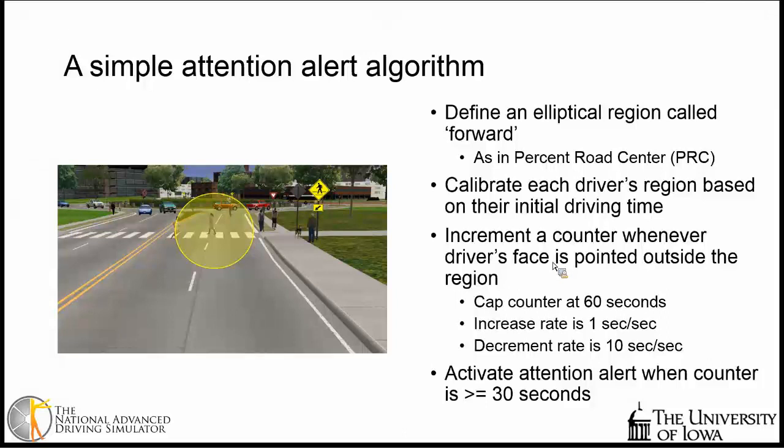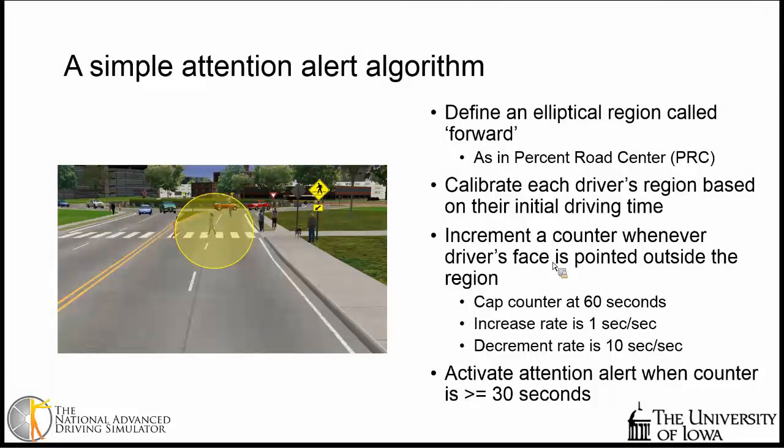So you define an area that is looking forward, and everything else is not looking forward, basically. But because every driver is a different height, and every driver has a slightly different resting position in the car, you have to calibrate this region for each driver. And we did that in the beginning of each drive.